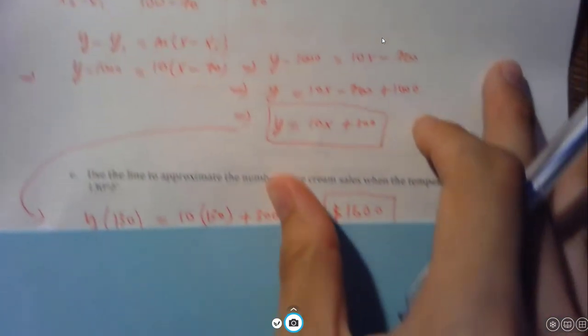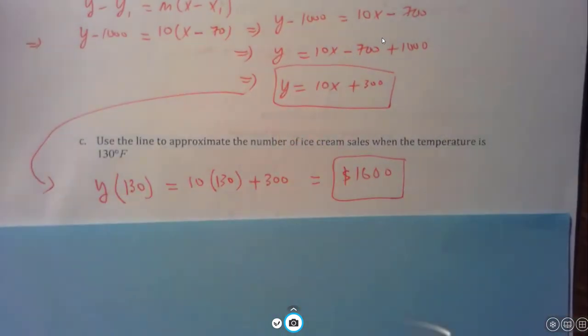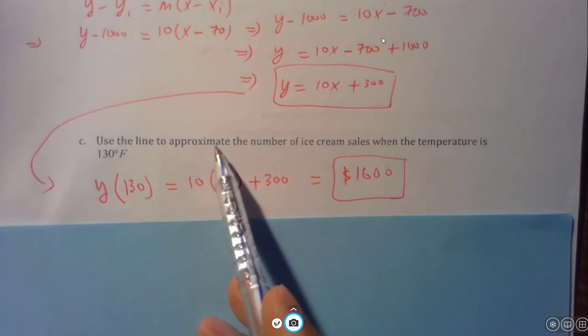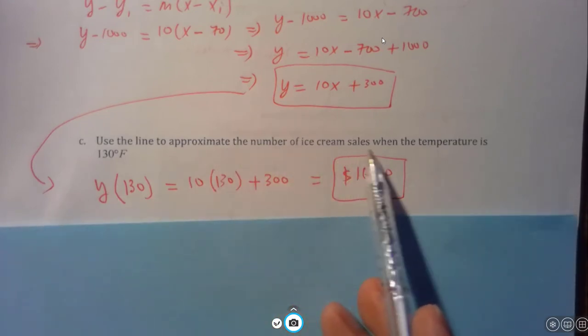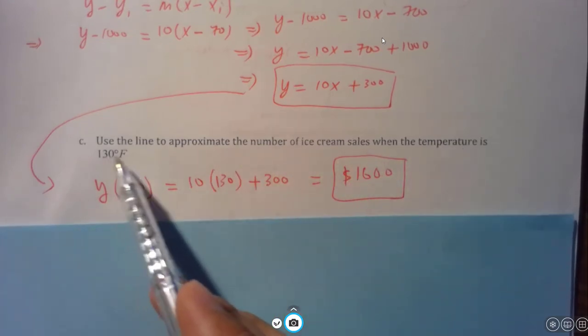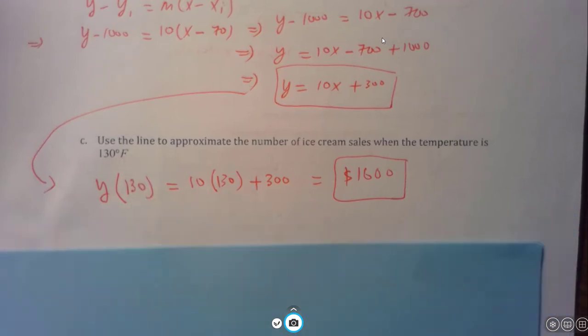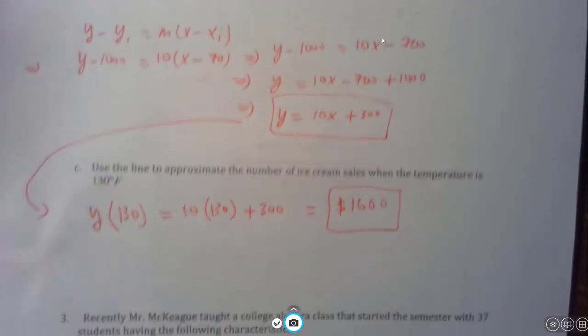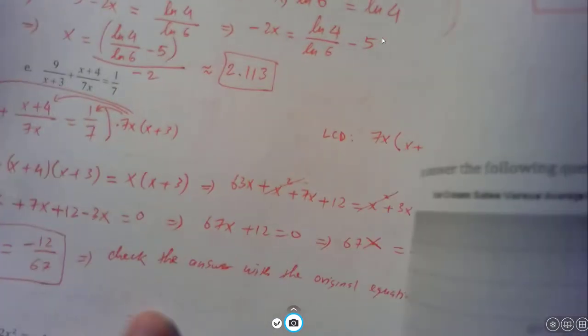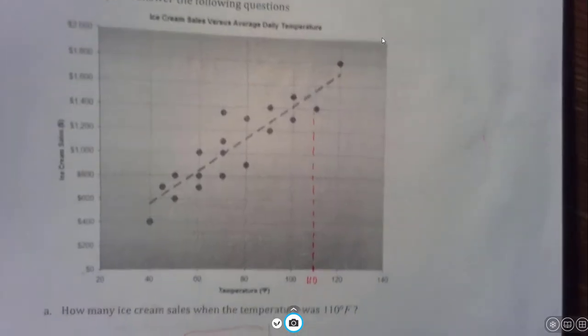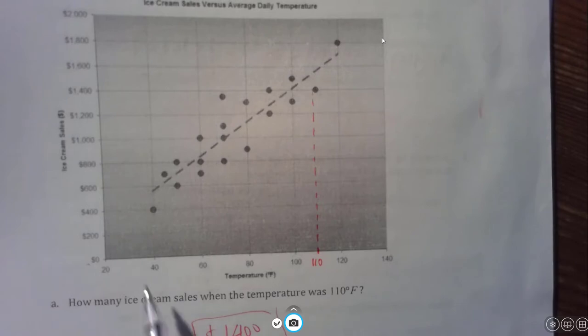Okay, and then the last part, they ask you to use the line to approximate the number of ice cream sales when the temperature is 130 degrees. Remember, go back to the graph of the last page. The x-axis is your temperature.